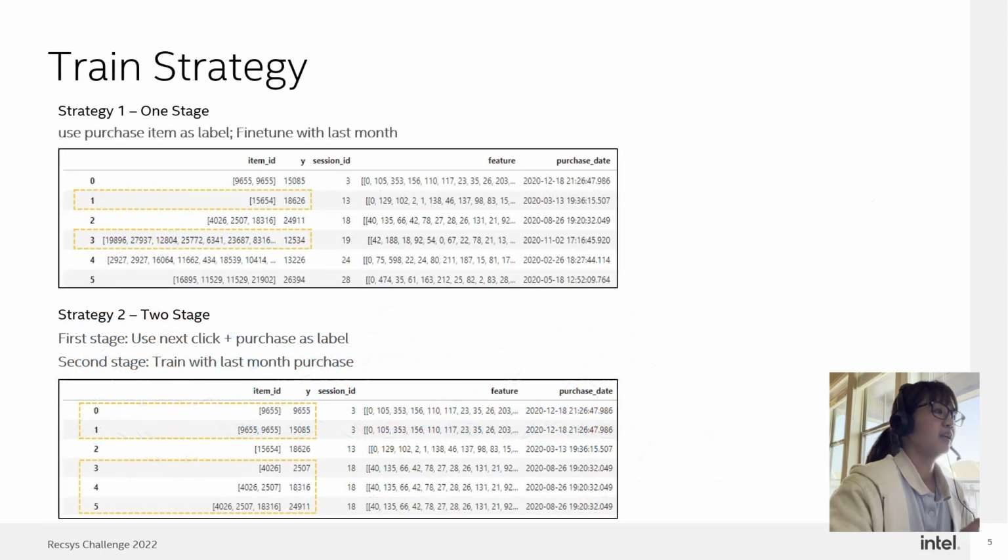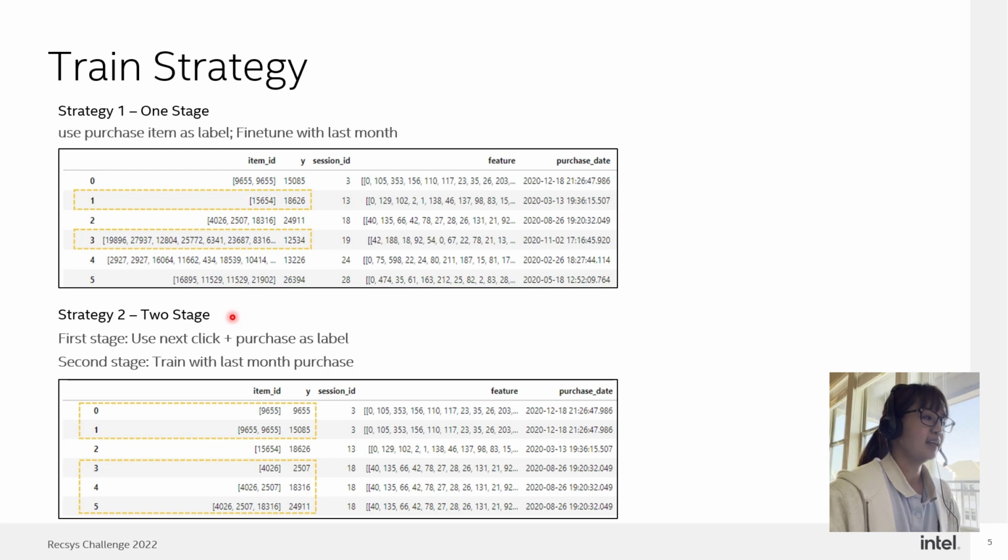Okay. Then the second key contribution is the training strategy. We are using two types of training strategies. The first one is to load the data set, create a graph for each record, and then train using the purchase item as the label.